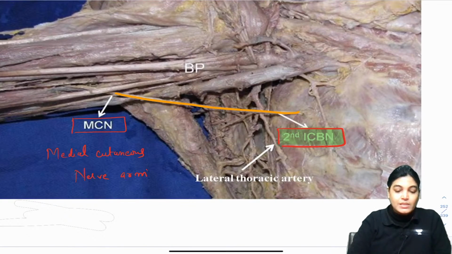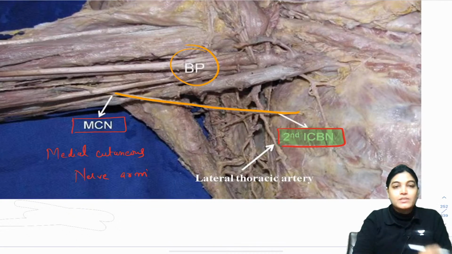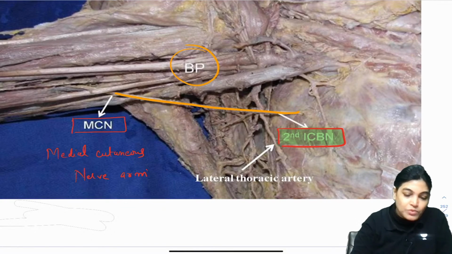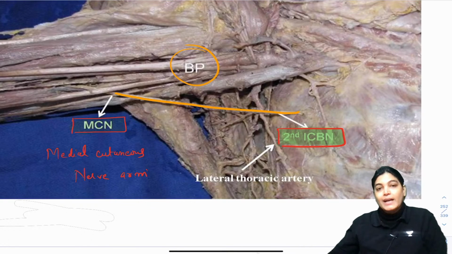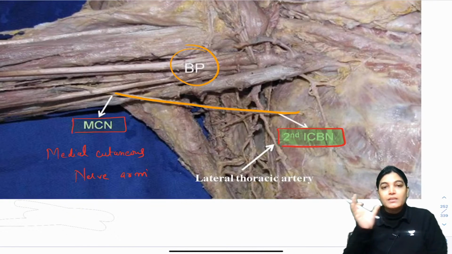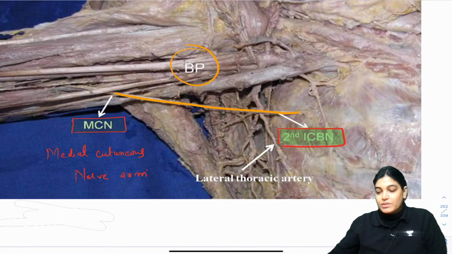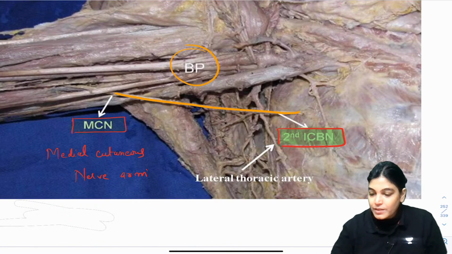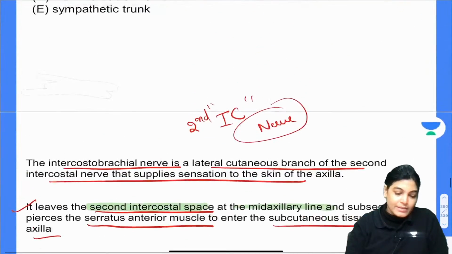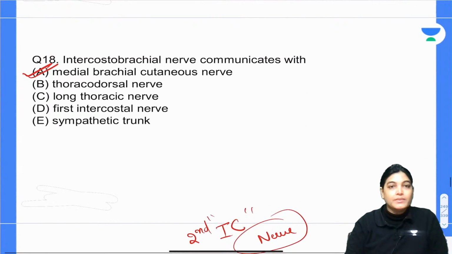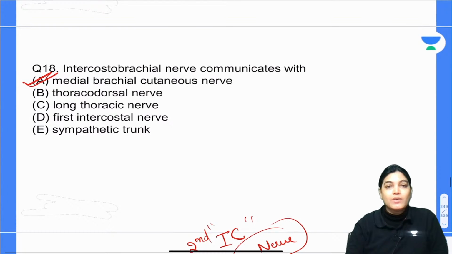These are cords of the brachial plexus, but what you have to appreciate here is the communication between the medial cutaneous nerve and the intercostobrachial nerve, which is quite appreciable in this diagram. So we will move on with the correct answer, and here the correct answer is A. Question number 18, we have medial cutaneous nerve of arm as the correct answer.